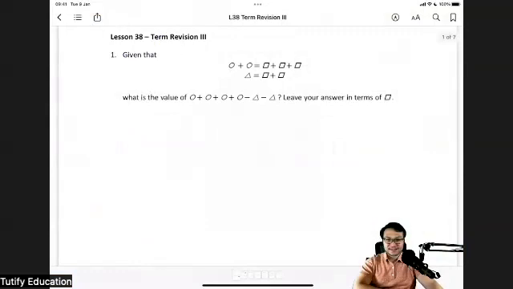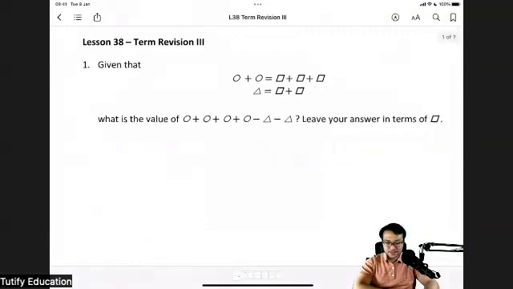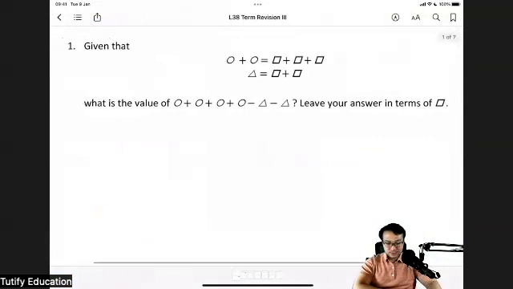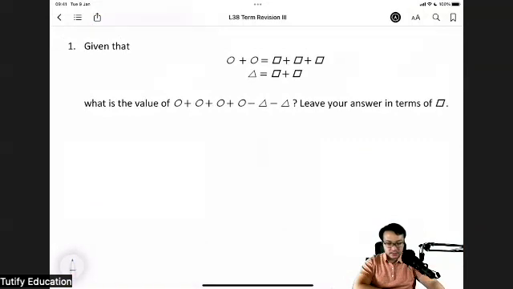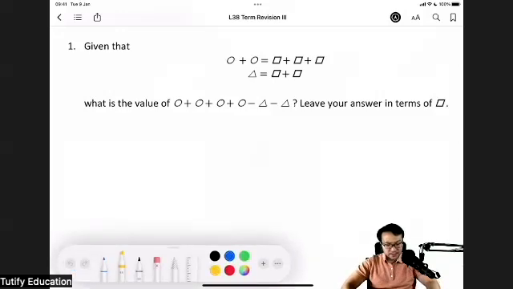Now, students, we are here on question 1. How do we solve this? We have to solve this by comparison. We have to compare the shapes that you can see. There are no numbers involved. They are only giving us some shapes.